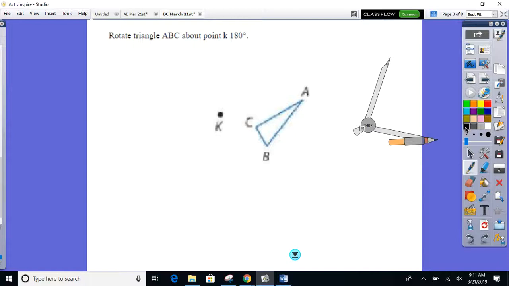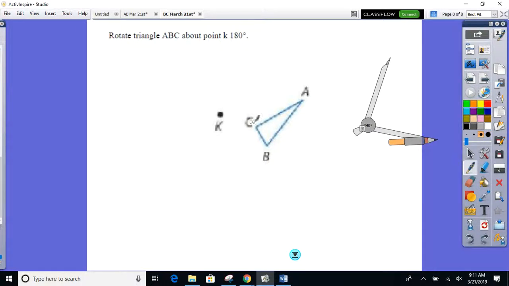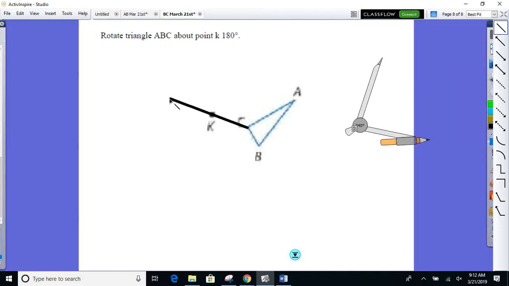All right, now rotate it 180 degrees. A lot less stressful. A lot less stressful. If you take point C, rotate it 180. You connect, same first step, connect C through K. And you're done. With 180 degrees anyway. Right? Because isn't it just a straight line, 180 degrees?